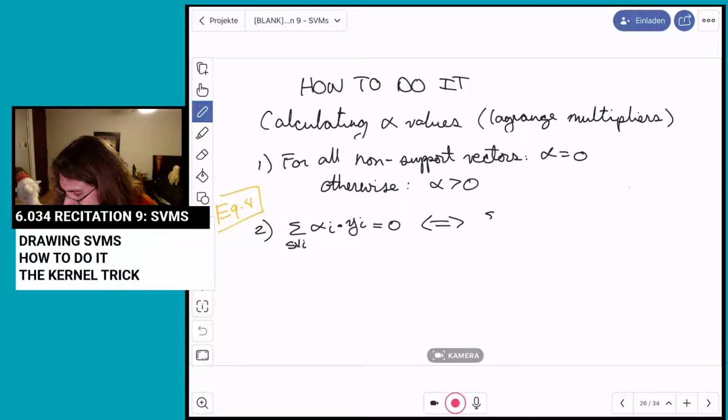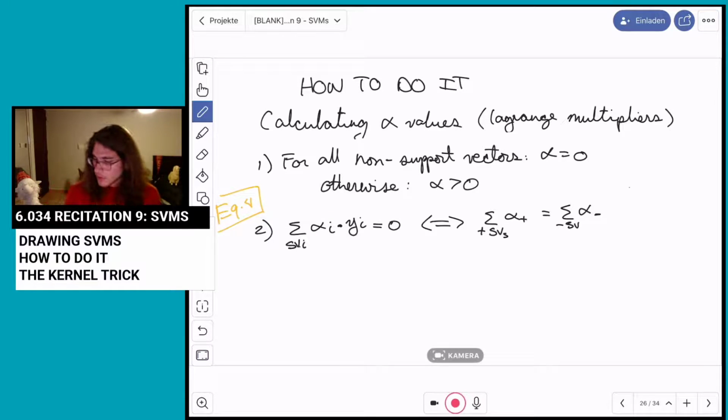of looking at it. So the sum of the alpha values of the positive support vectors is equal to the sum of all of the alpha values of the negative support vectors. And why is that? Well, let's take this equation briefly, and let's say I had 2 positive points and a negative point.